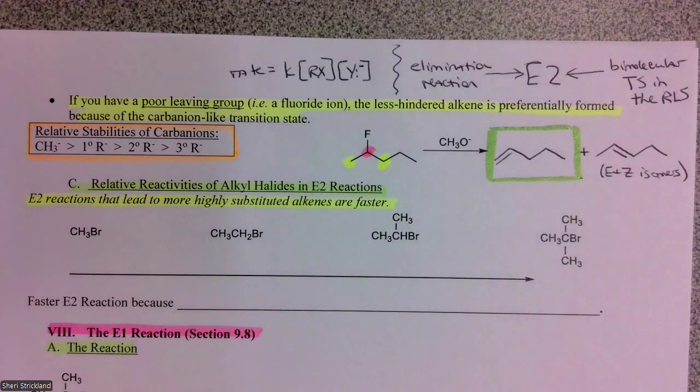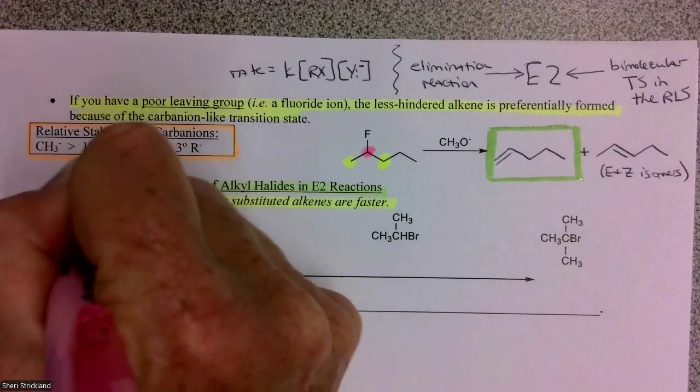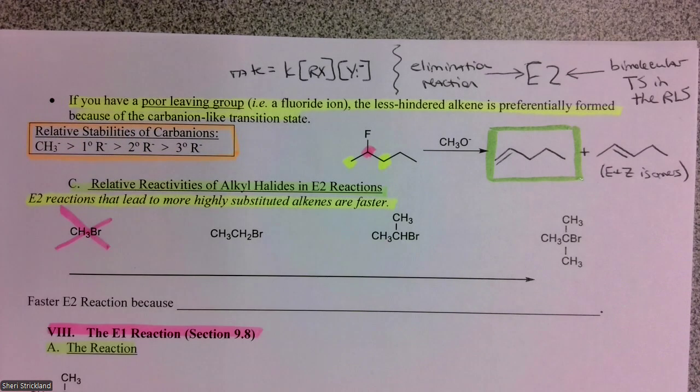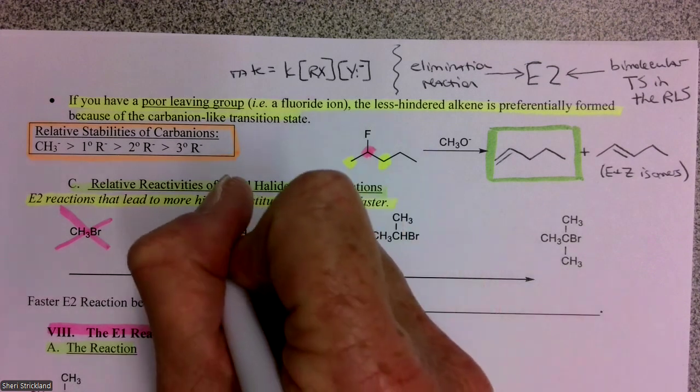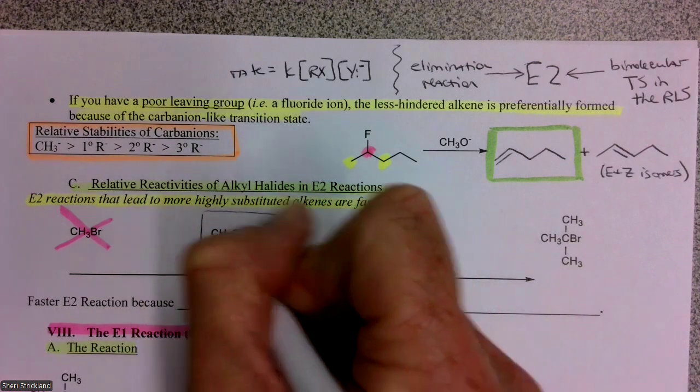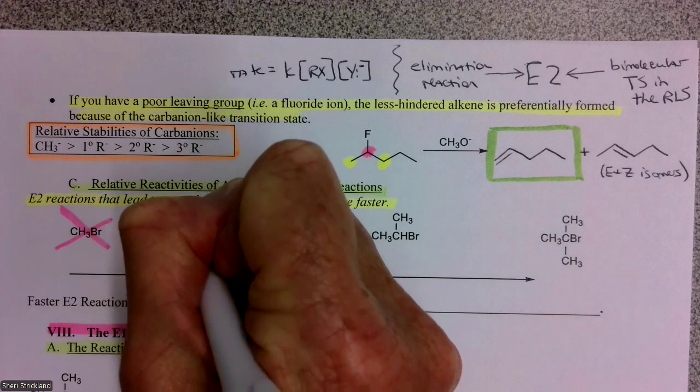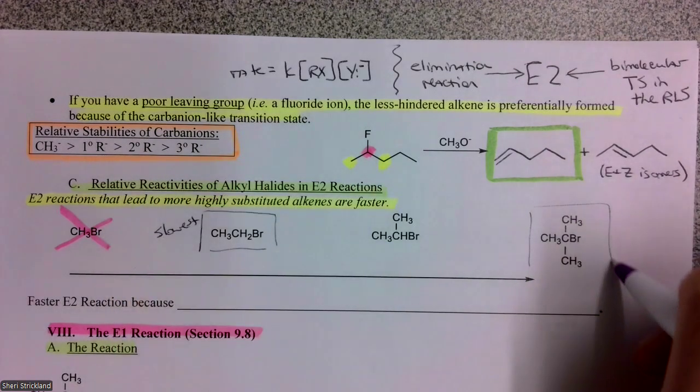All right, so one last thing, when you look at the relative reactivities of alkyl halides in E2 reactions, for one thing, methyl halides can't take part in elimination reactions at all, because you have to have at least 2 carbons. You have to have both an alpha and a beta carbon to make that go. But what we find is that within these 3, this one is the slowest, and this one is the fastest.